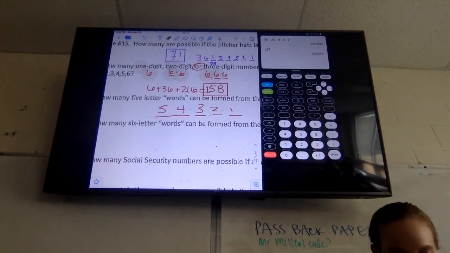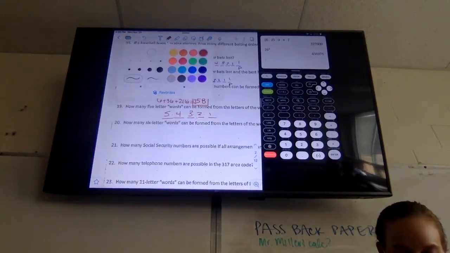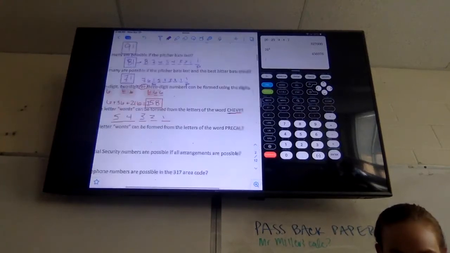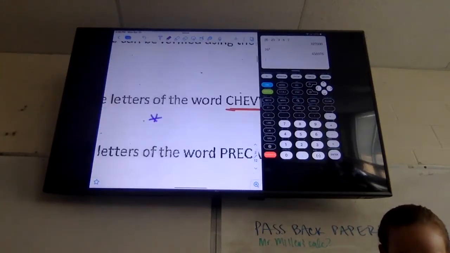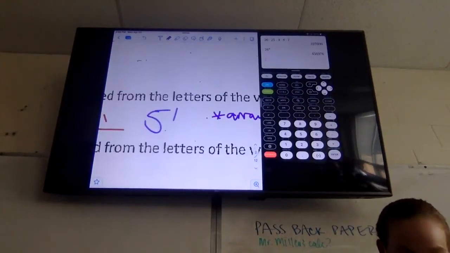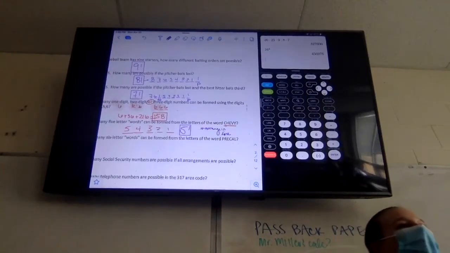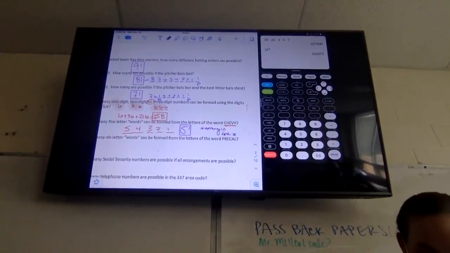I know it sounds almost boring, but it's the same thing as rearranging it in a line. And as we said at the top of our page, anytime we're arranging in a line, that's the same thing as the number that I have factorial. So you can do your 5 times 4 times 3 times 2 times 1, but that's the same thing as 5 factorial.